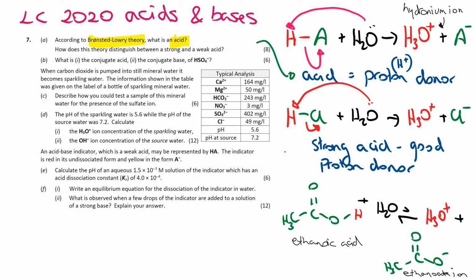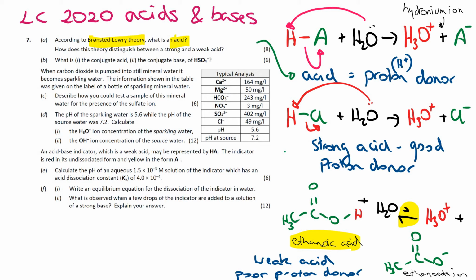The reason I've drawn these equilibrium arrows is that the equilibrium is far to the left here. Water isn't as capable of taking the hydrogen of ethanoic acid as it is of taking the hydrogen of HCl. One of the reasons is the ethanoate ion isn't as stable in solution as the chloride ion. It prefers to be bonded with the hydrogen, as ethanoic acid. So here you've got a weak acid, which doesn't break up as much.